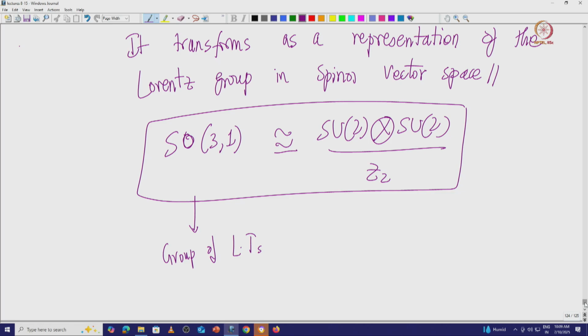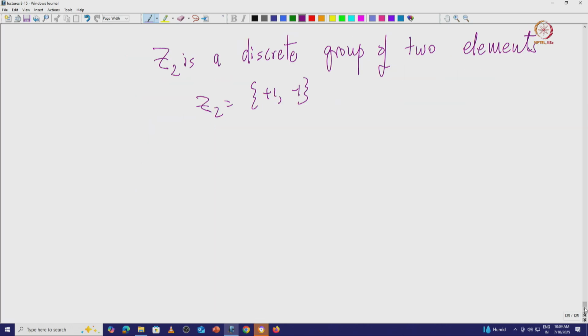That is the reason why there is a spinor representation of the Lorentz transformations essentially. So this is how we answer this question.